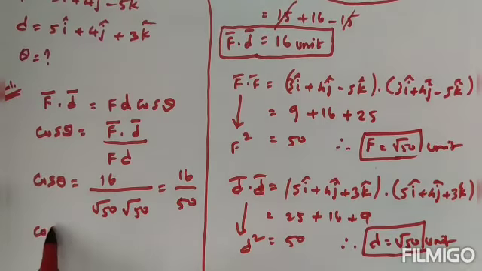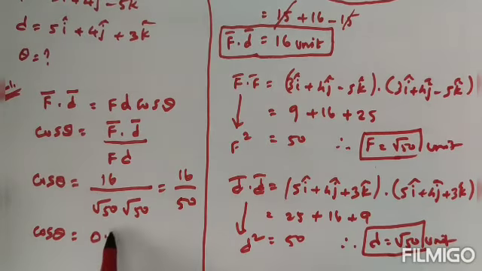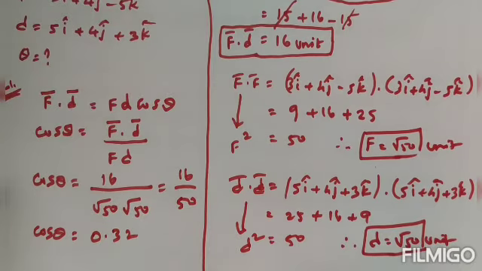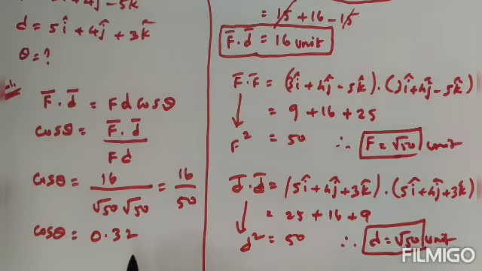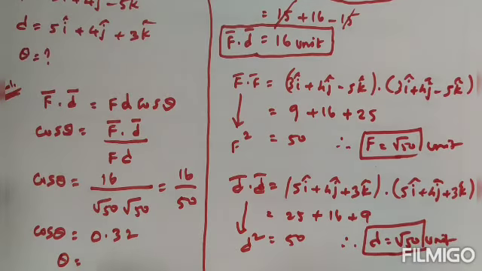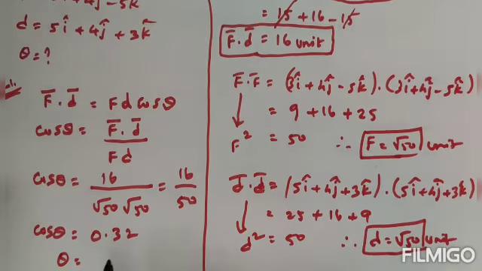Therefore cos theta is equal to 16 divided by 50, which is 0.32. We need theta only, because the question asks for the angle between force and displacement. So theta is equal to cos inverse of 0.32.